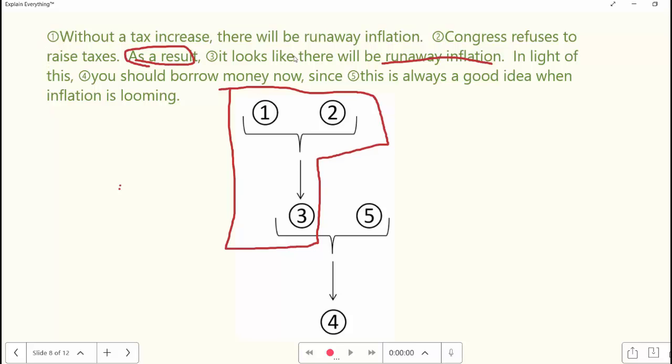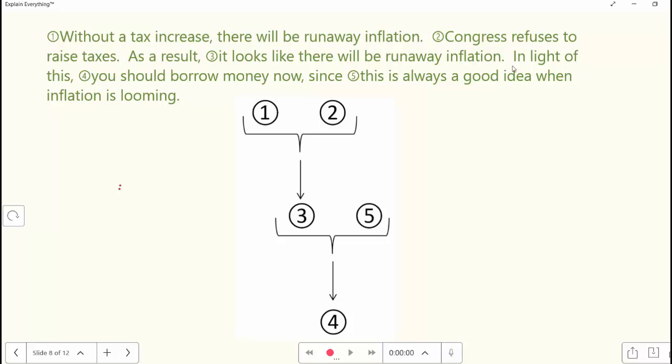If we remove this, and all we know is that Congress refuses to raise taxes, but we don't know what that has to do with inflation one way or the other, then still it would be odd to say it looks like there'll be runaway inflation. But with those both together, it does follow that there would be runaway inflation. Then as we move on in the argument, let me get rid of these.